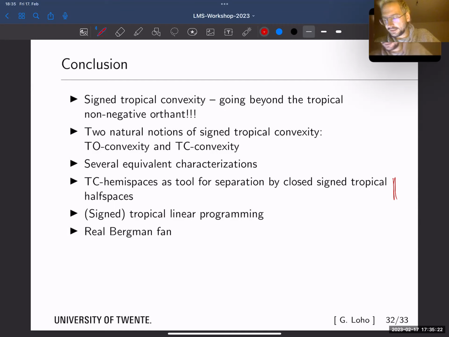I think this framework of signed tropical convexity has quite some potential to get new insights about tropical linear programming or its extension, signed tropical linear programming. And I'm intrigued about the connection with real Bergman fans and the whole hyperfield business, which is also happening there.